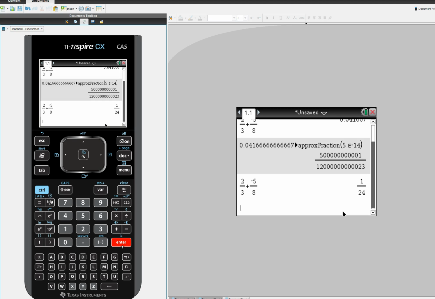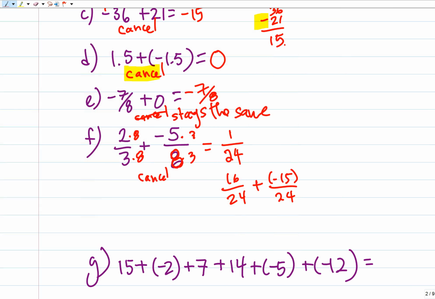Is there a way that, say just the 5 is negative and not the 8? On mine, I feel like it's making the whole fraction negative. You could write this as 2/3 plus, and put the negative up there with the 5.